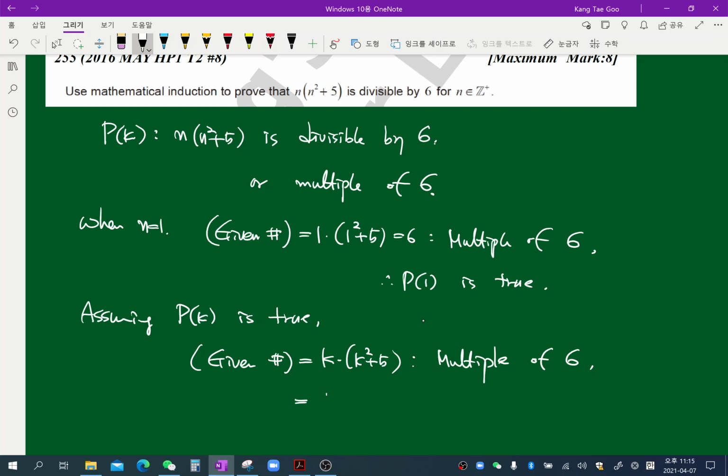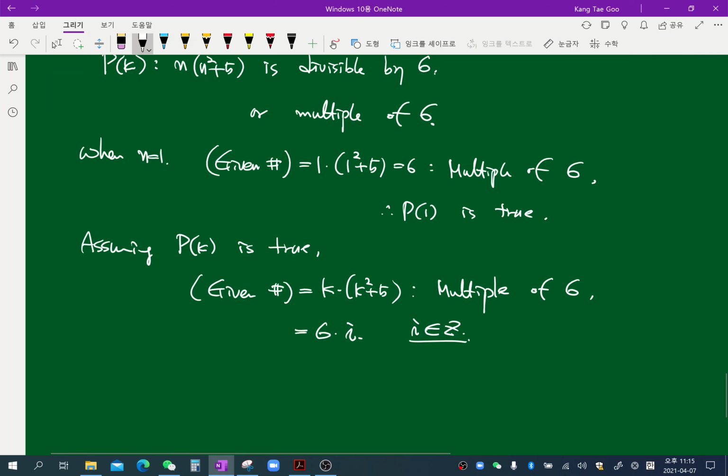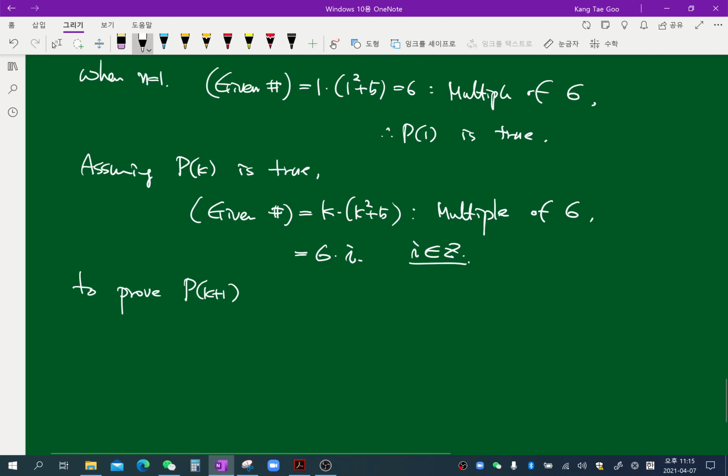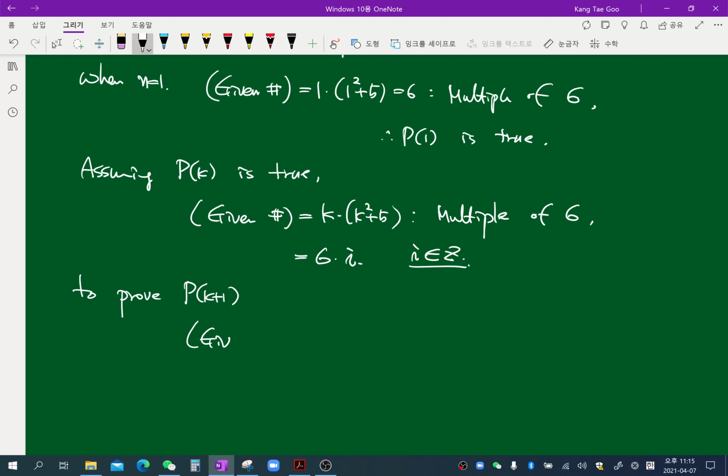It can be 6 times i, where i is an integer. Then we can say that it is a multiple of 6, right? Then to prove P(k+1), the given number is k plus 1 times k plus 1 squared plus 5. That's our given number, right?